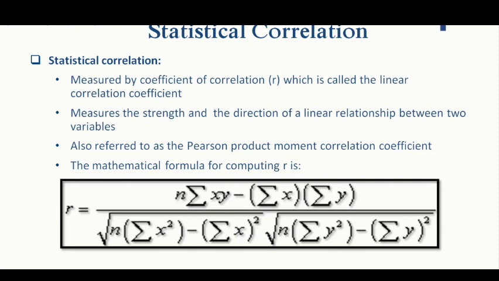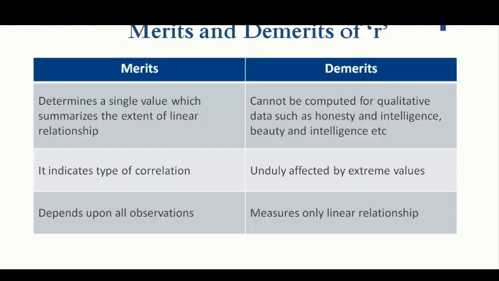Talking about any statistical measure, we always talk about its merits and demerits, because the demerits of a statistical measure lead to the further invention of another statistical measure. So, merits: it determines a single value which summarizes the extent of linear relationship.